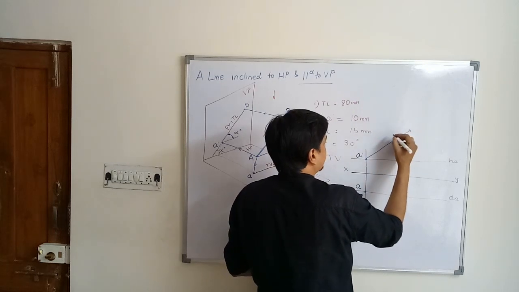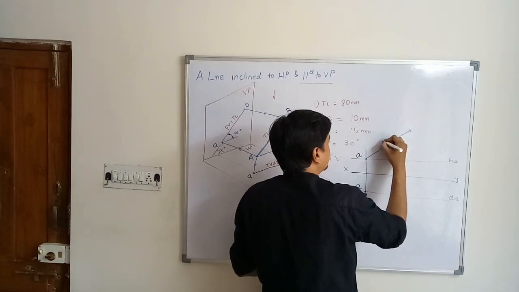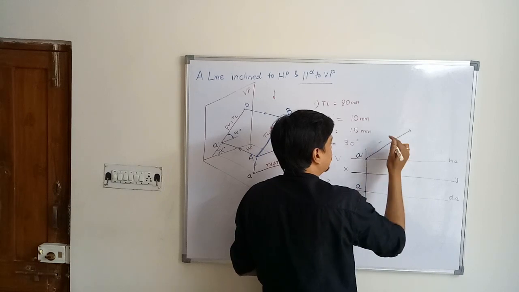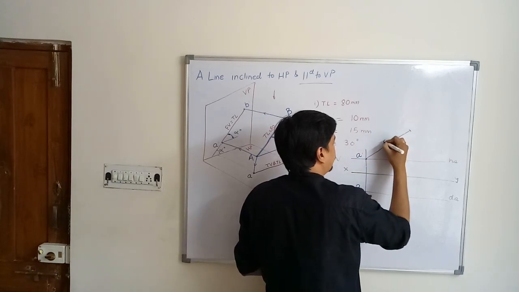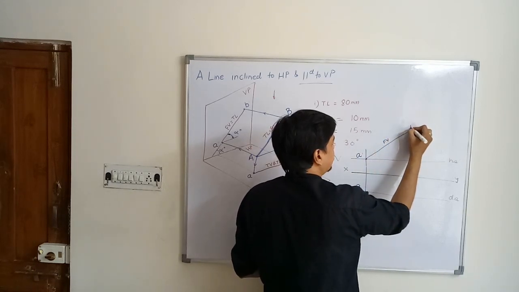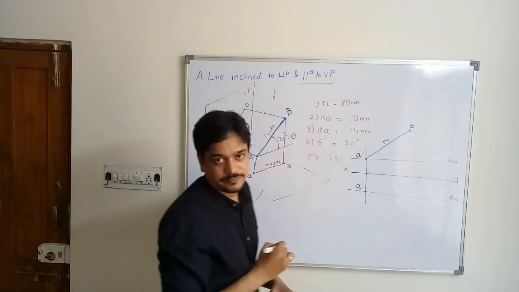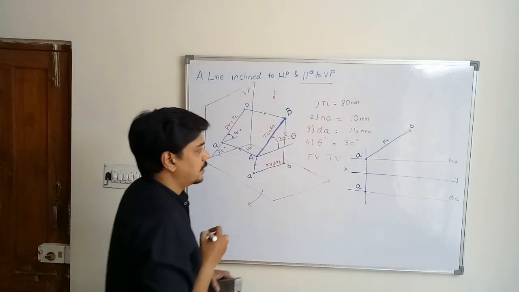So this is the front view and this is the B dash of a point.